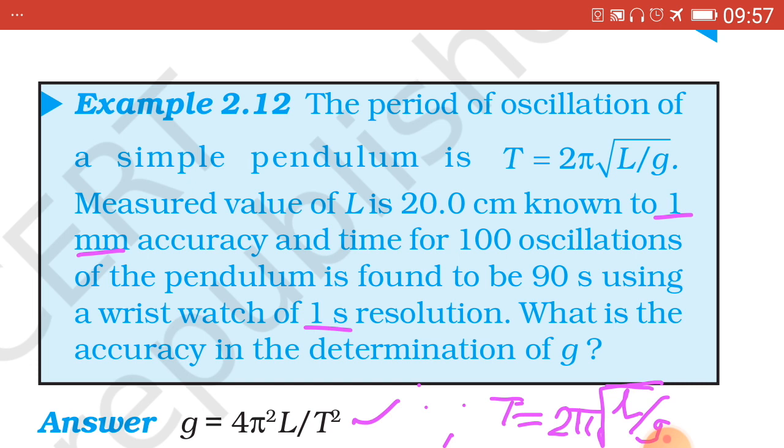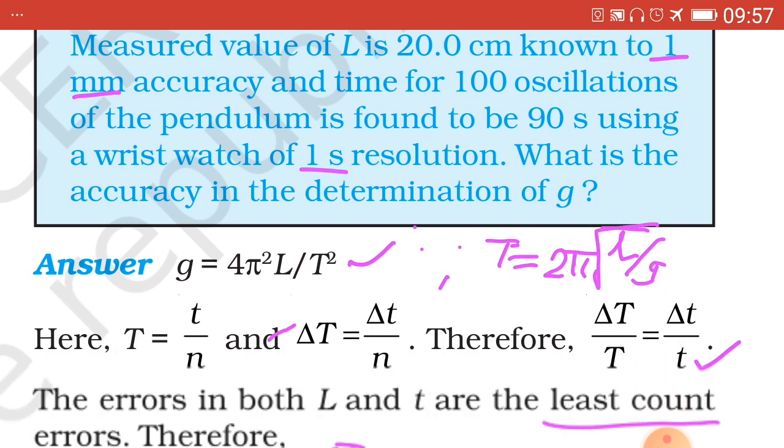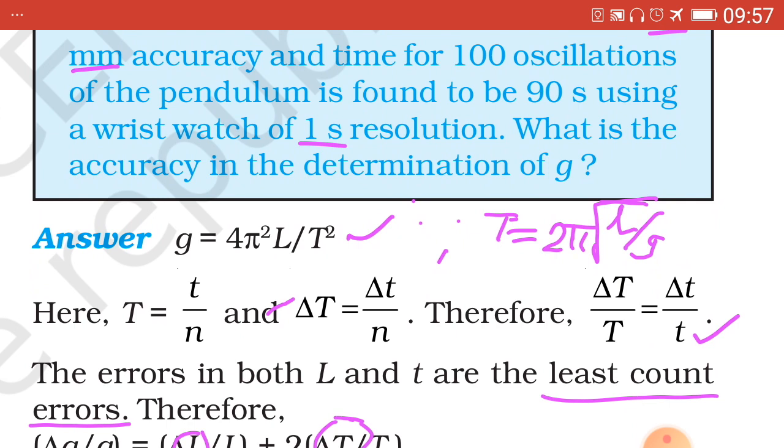Say from the data we have to calculate small g, which denotes acceleration due to gravity, that is gravitational acceleration. Now the major formula for periodic time in the case of a simple pendulum is given by capital T equal to 2 pi under root L upon G, which I have written besides, and hence making G as the subject of the equation and squaring this equation, G equal to 4 pi square L upon T square, which has been tick marked.